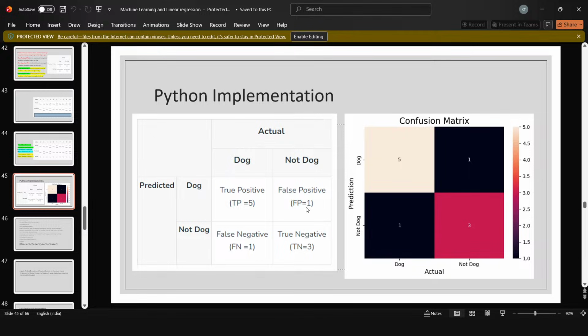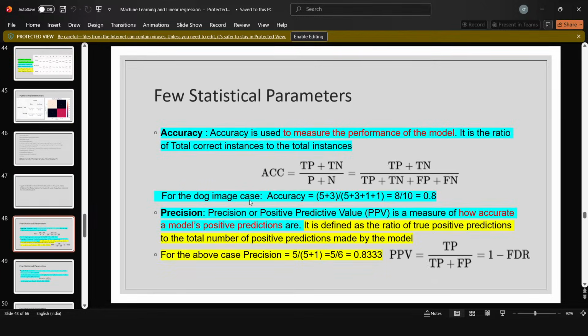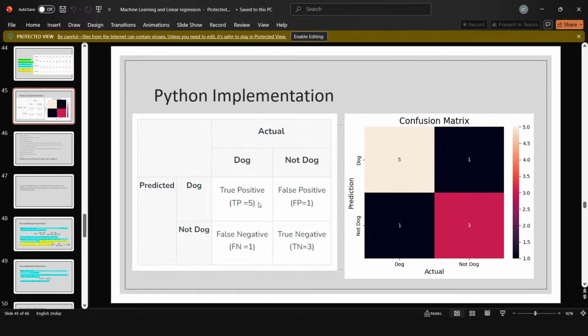Yeah, so this is FP. If you see, FP is when it is actually not a dog, but you predict it to be a dog. So 5 by 6 is the precision that you get. It means that 5 out of 6 times you are predicting it to be correct while it is actually correct.